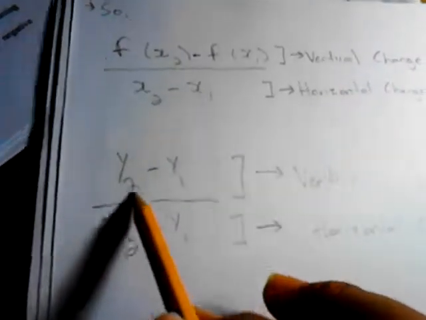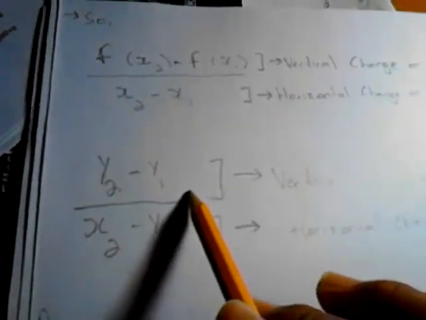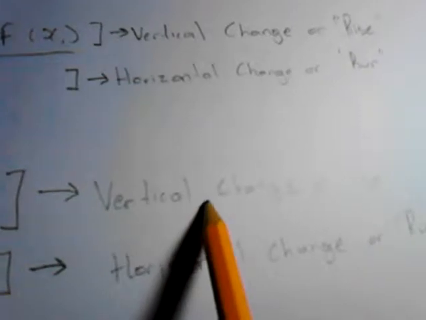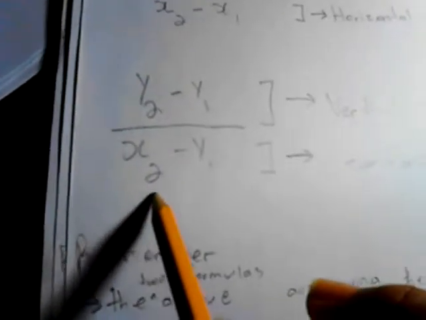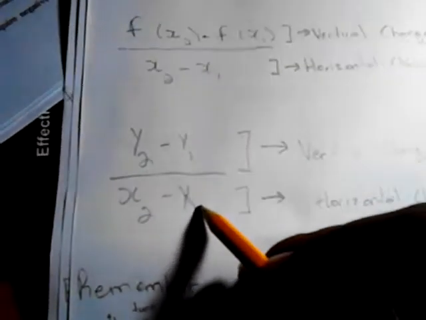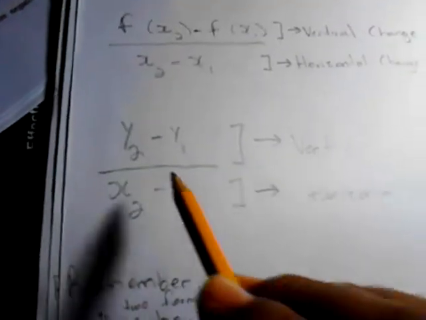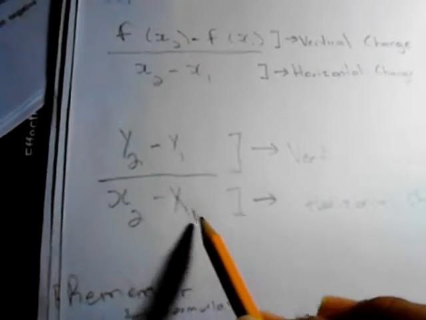So we have y subscript 2 minus y subscript 1. All of that is a vertical change, or rise. We have x subscript 2 minus x subscript 1, right? All of that is a horizontal change, or run.